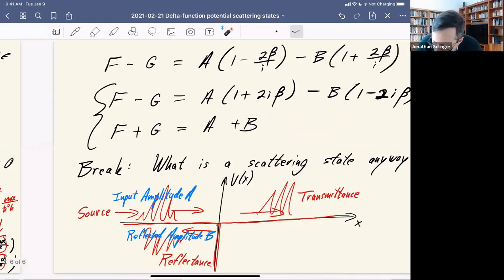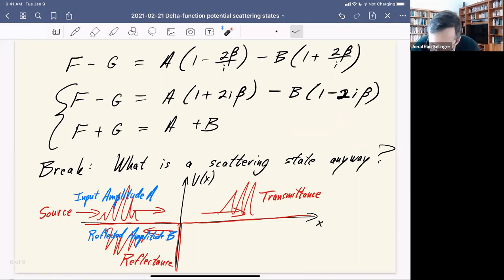So that means there is a transmitted amplitude F, and then, well, there is no wave going to the left on this side, right?